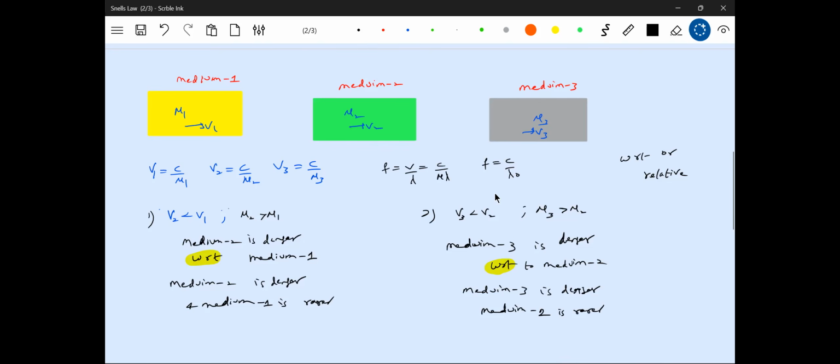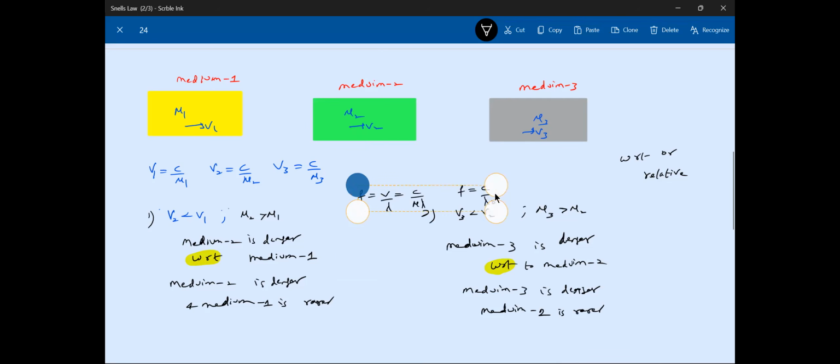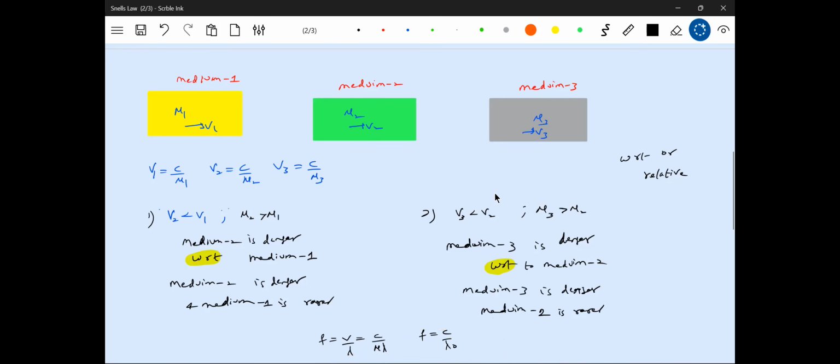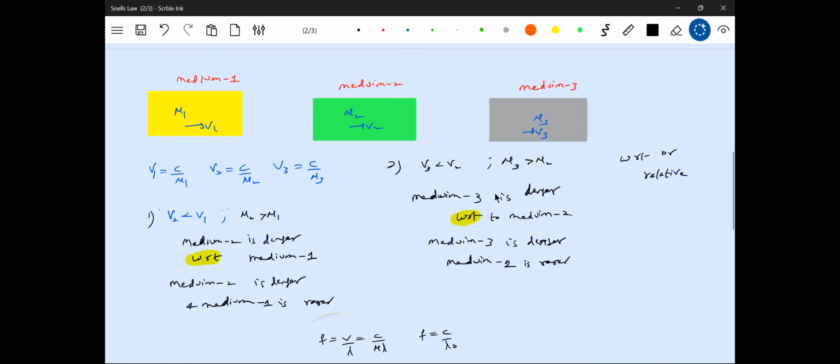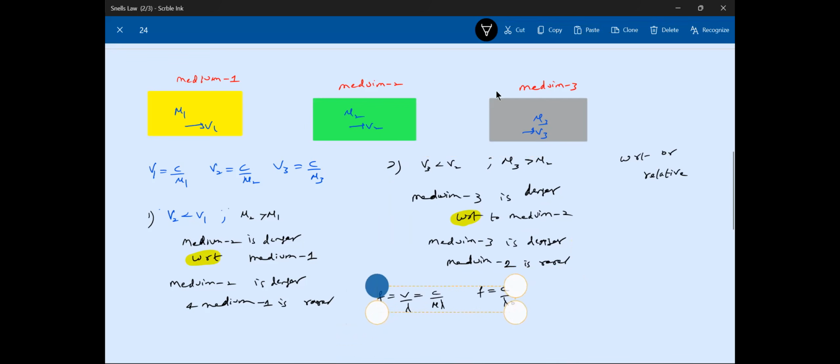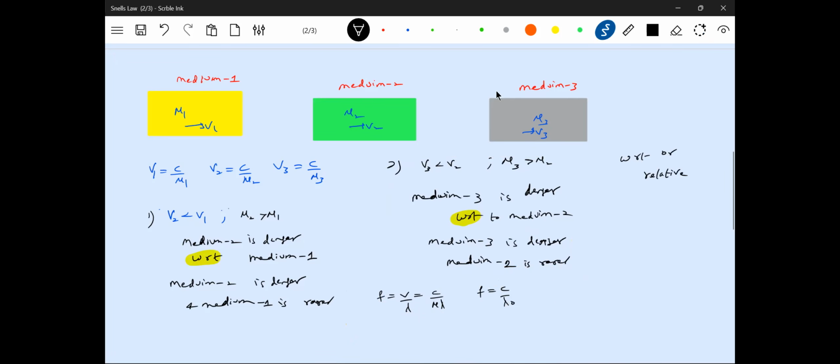Equating these two, I'll substitute this here. So C by lambda naught equal to C by mu lambda. Lambda equal to lambda naught by mu.